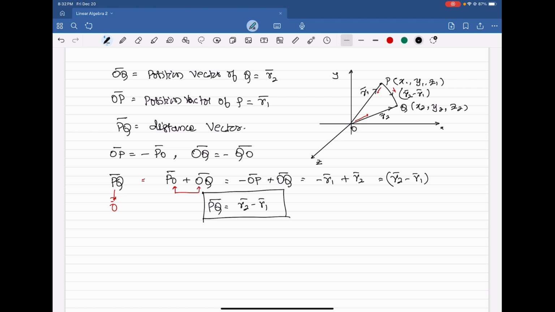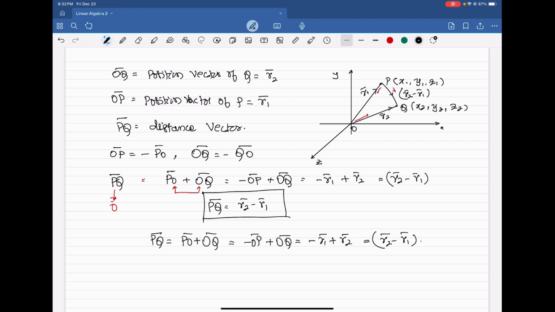PQ is equal to PO plus OQ, that is minus OP plus OQ, that is minus R1 plus R2, which is R2 minus R1.